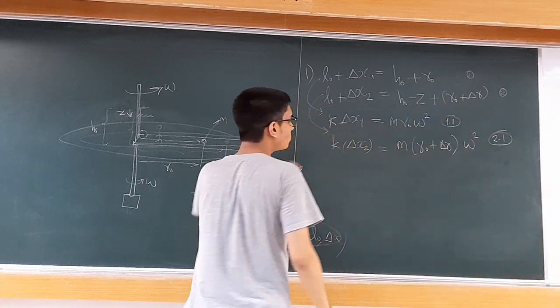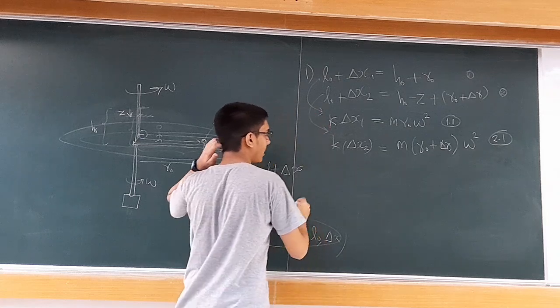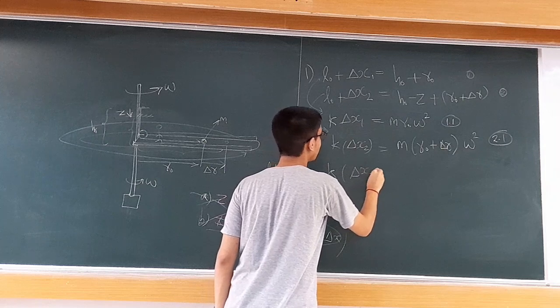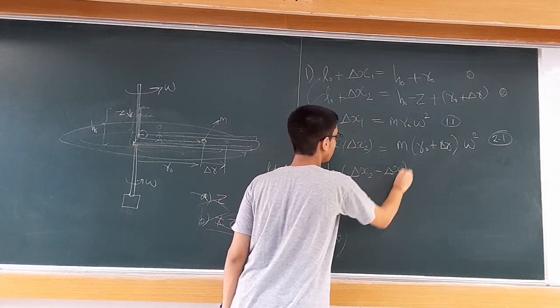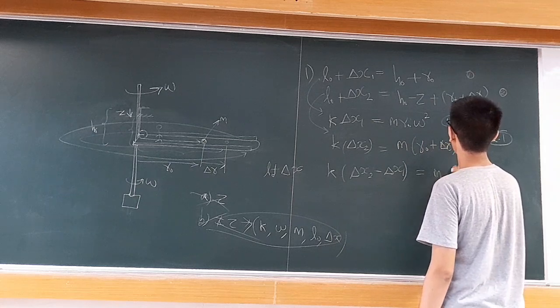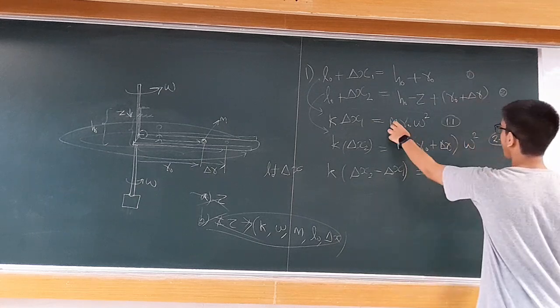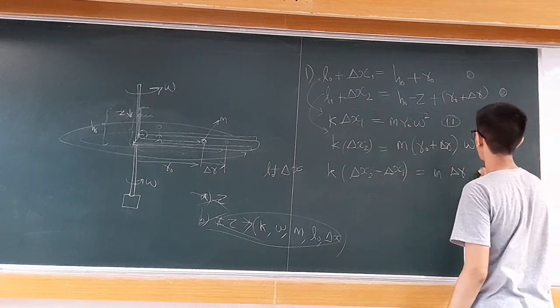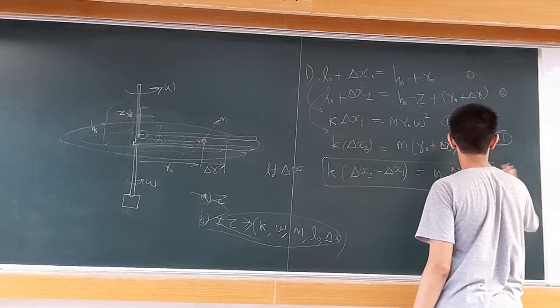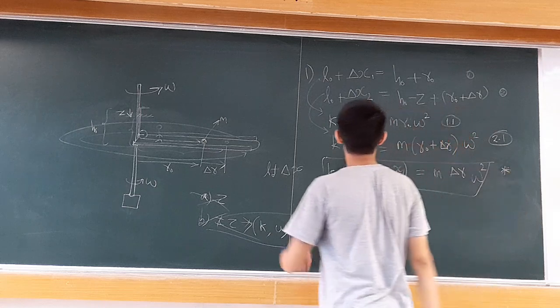Now what I can do, let's subtract 2.1 and 1.1. So K times delta x2 minus delta x1 is equal to m delta r omega square. First, this important equation.